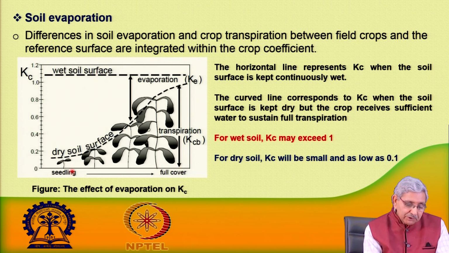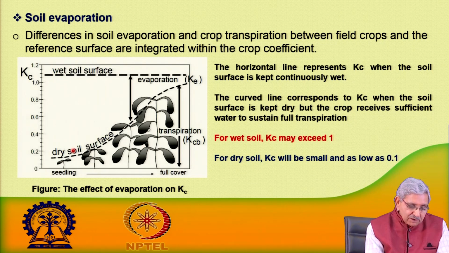In the early stage, the seedling stage, initially there are 2 leaves, then 4 leaves, and as the plant grows, the canopy development starts covering the ground.